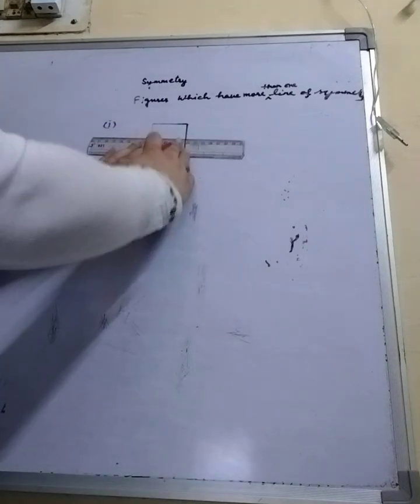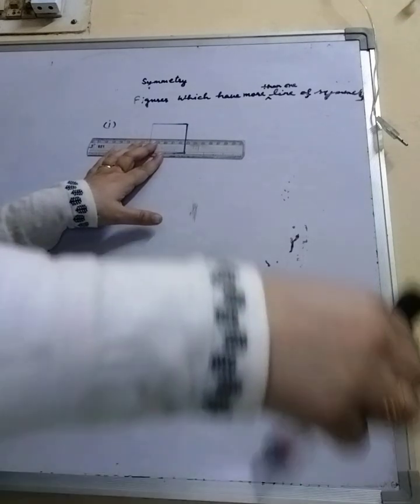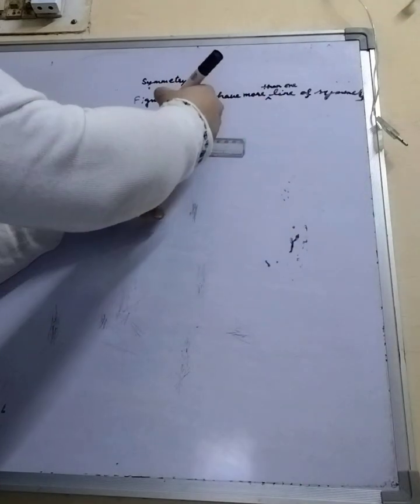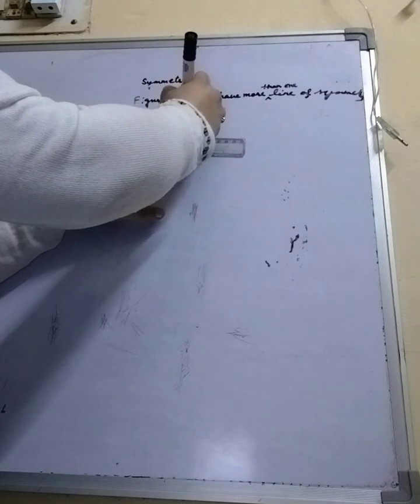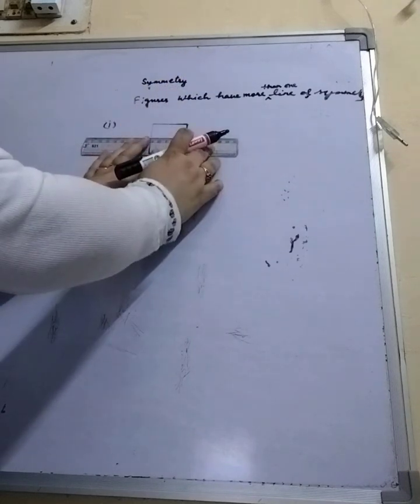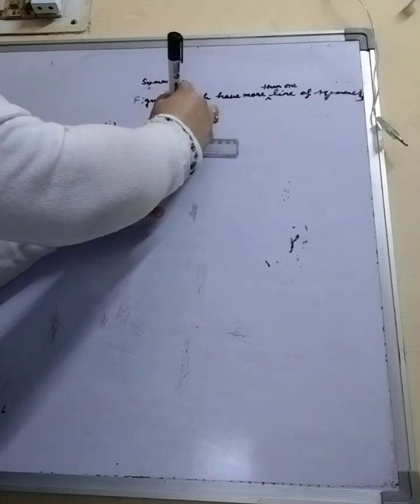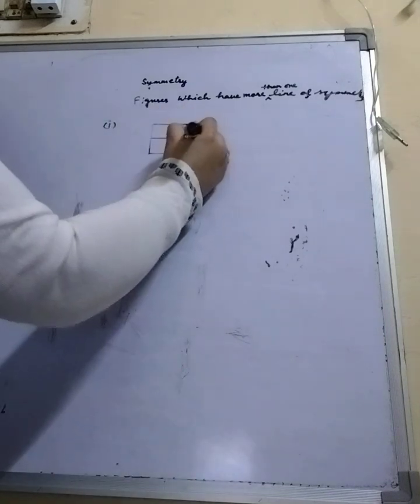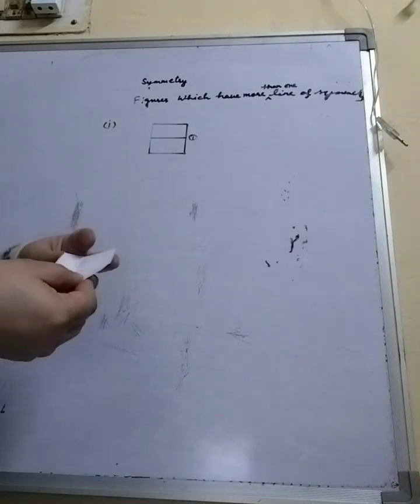So I can make it over the figure also. So my first line of symmetry would be half of the line joining the two points which divide the square exactly half to each other. So this is my first line of symmetry. How else we can fold?